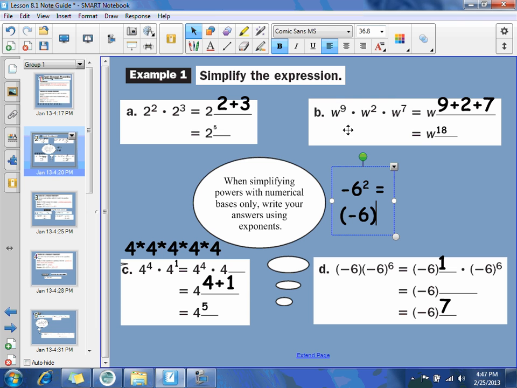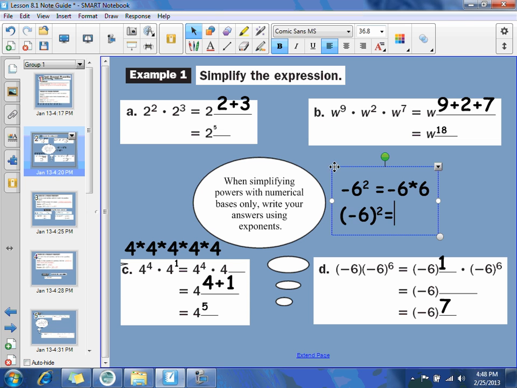If the negative is outside the parentheses, the exponent doesn't have to touch it. The exponent does not like touching or sharing. Doesn't like it at all. If it doesn't have to, it's not going to share.